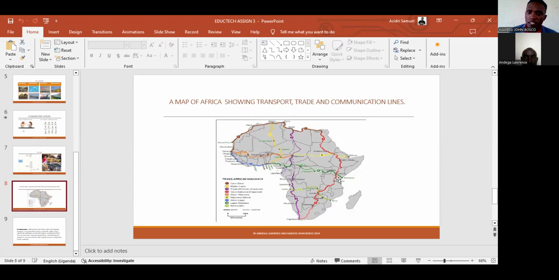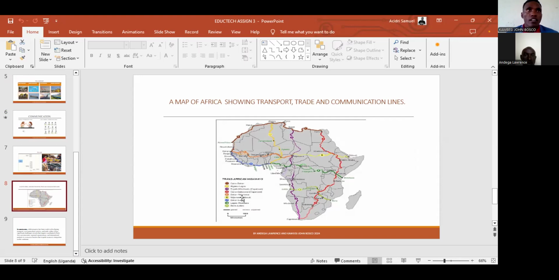So here in East Africa, we have Mombasa, Dar es Salaam in Tanzania, Nairobi in Kenya, and Kampala in Uganda. So are you seeing them, Lawrence? Yes, I'm seeing them very well. So Africa is one of the continents we have. We have 7 major continents, and our case study was going to be focusing on Africa.